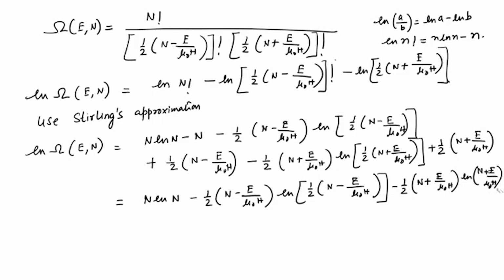Well, I mean there is no third bracket here. So, we are fine. So, that is your term, and this term cancels with this term, so there is no other term present in the expression. So, it is a log of omega, a function of E and N, and you see only E and N on the right hand side.